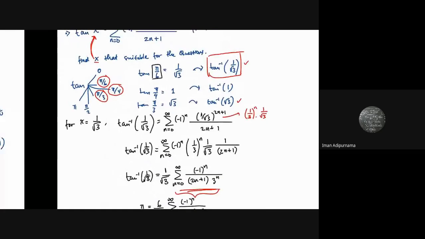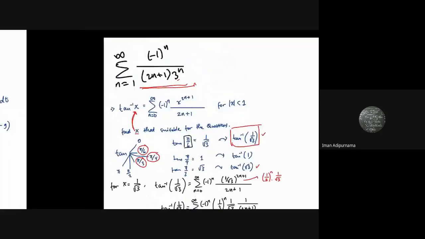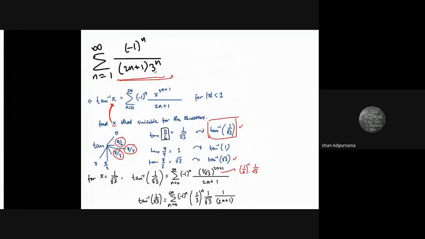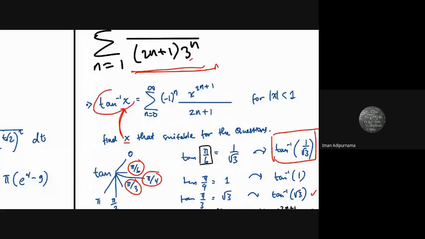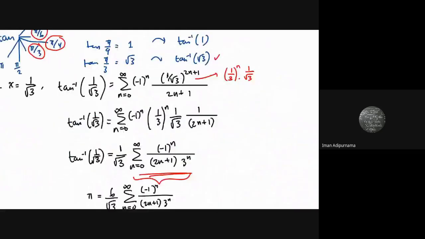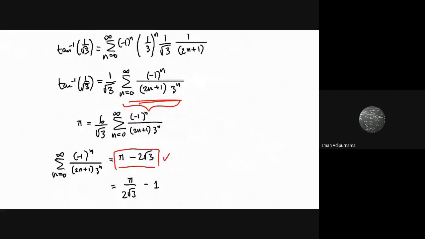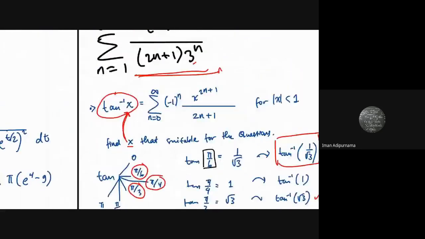This is quite long, I think, because the difficult part is to get in touch with this tangent inverse. If you cannot make it to here, then all the answer here will be difficult to follow. So first, you need to find out.